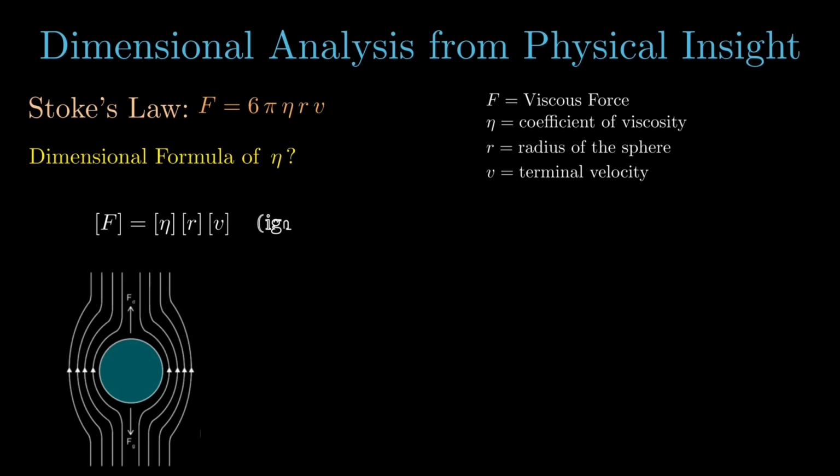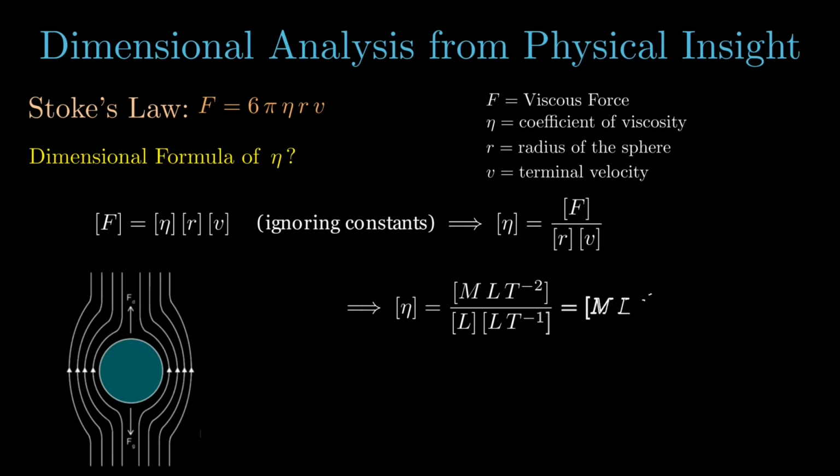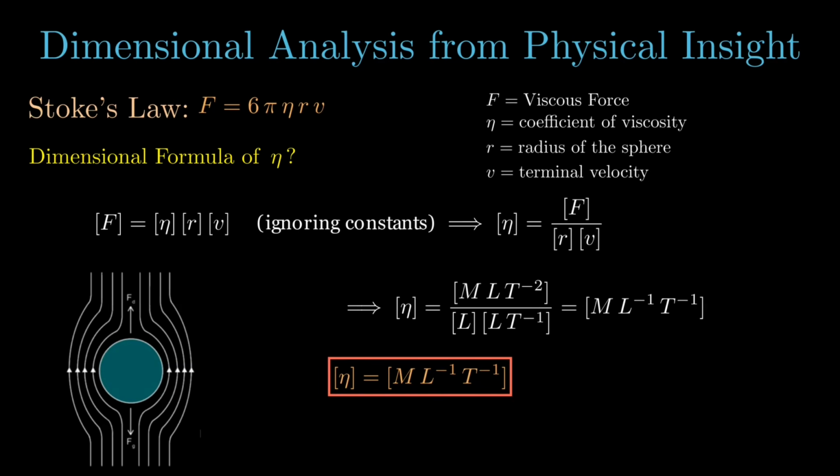We want the dimensional formula for the coefficient of viscosity eta. From the dimensional equation of force that we have written down, we can get that eta equals F by RV dimensionally. All that's left is to put in the dimensional formulae for force, radius and velocity into their appropriate places and simplify, which finally yields the dimension of eta as ML^-1T^-1.